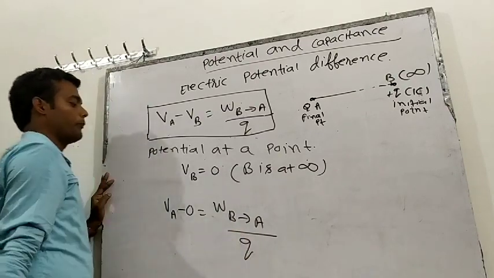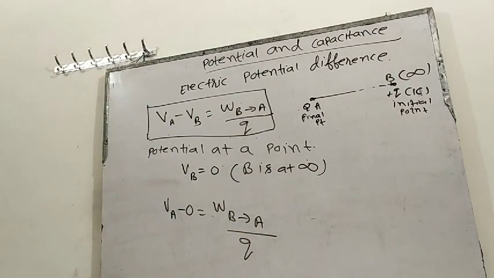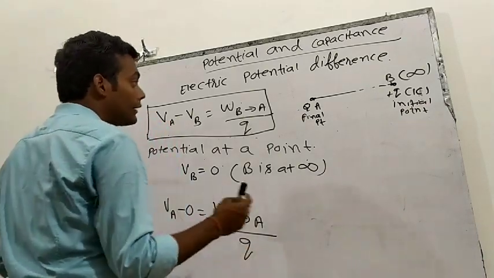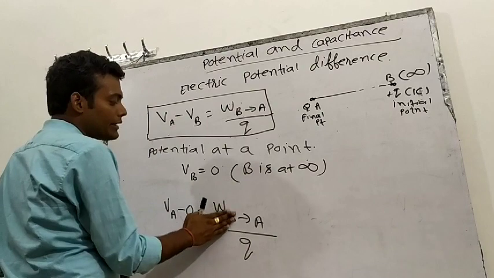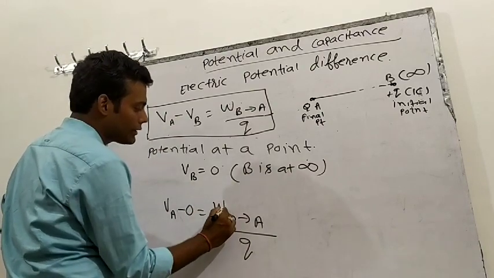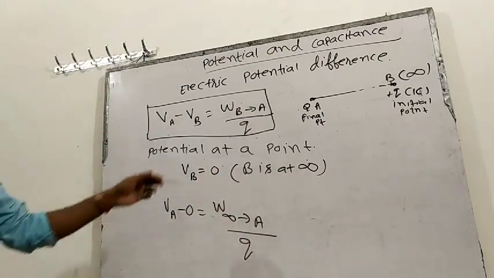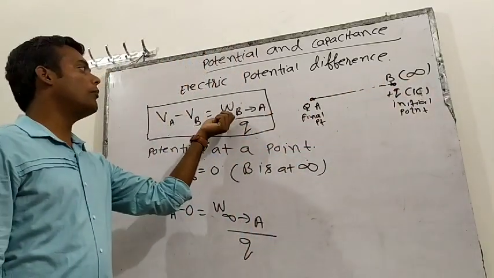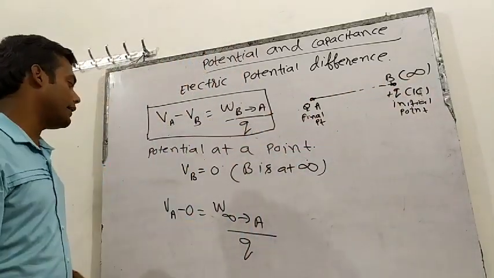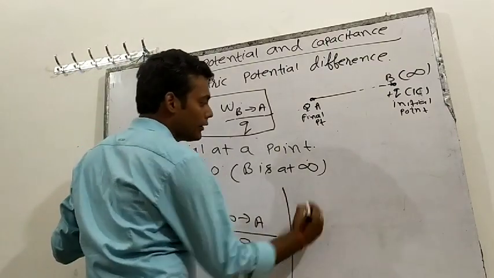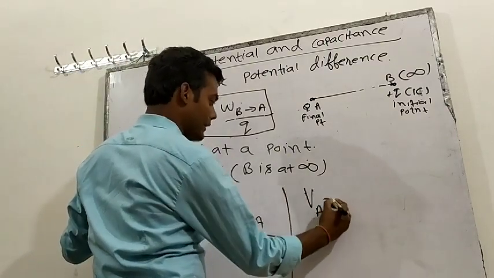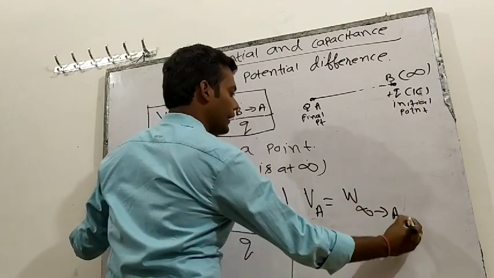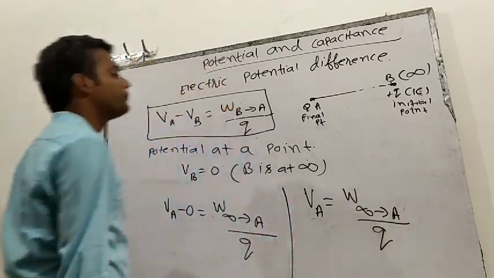Here B is at infinity, so you can write infinity in place of B. So VA will be: potential at point A is equal to work done in bringing it from infinity to A divided by Q.